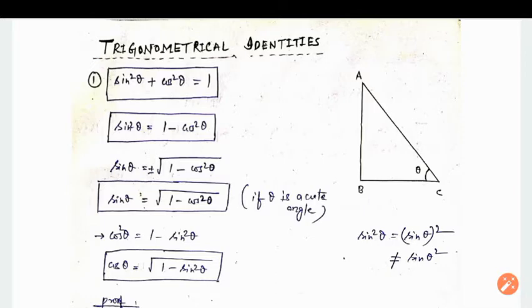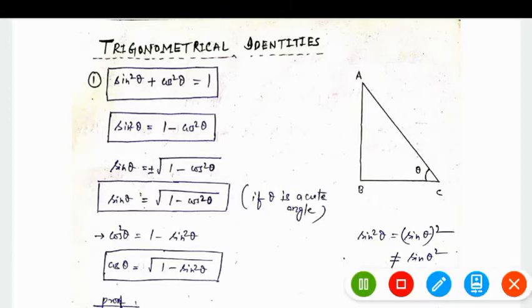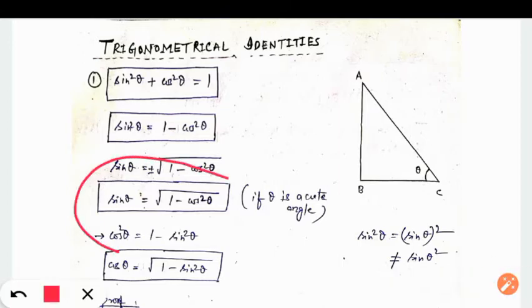We know when a square goes to RHS, it becomes root and it brings plus minus. This whole thing, the value of sine theta, will become positive if theta is an acute angle, less than 90 degree.